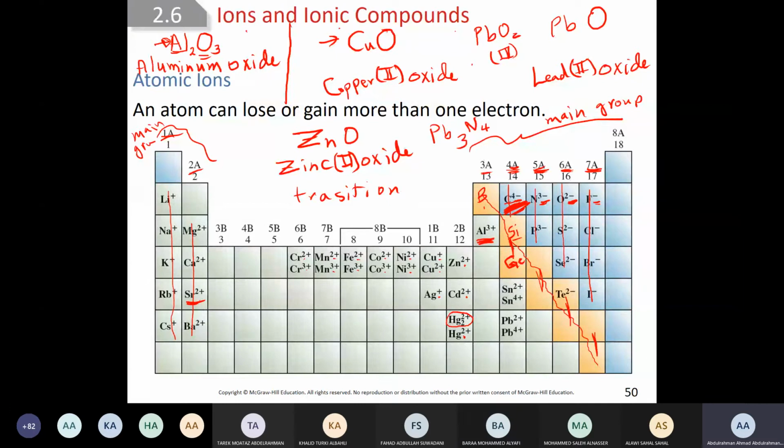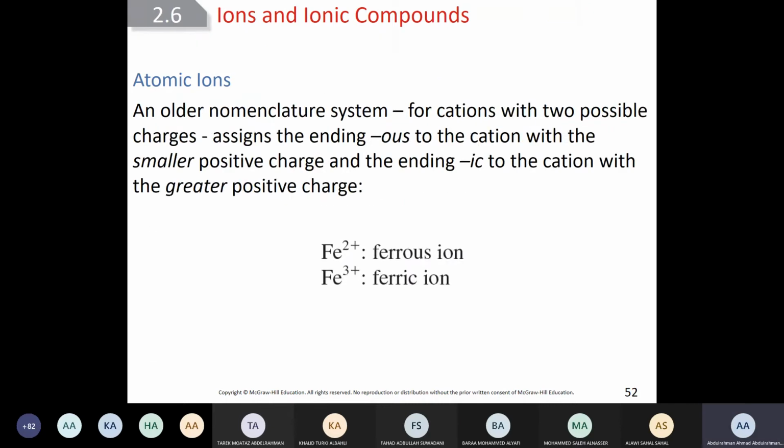What's the name of this compound now? Lead 4 nitride. Even though there is 4, we don't say anything about it when there is metal with non-metal. We just say the name of the non-metal as is. Lead 4 nitride. Is this clear? I hope so.